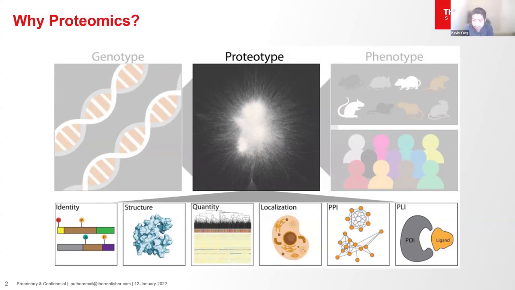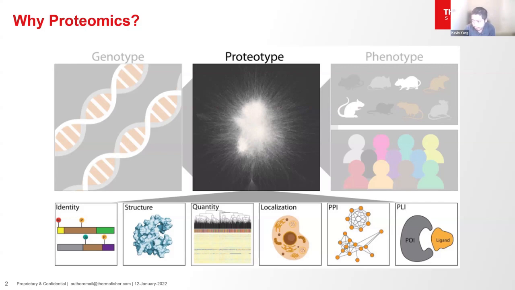We can do so much with mass spec, and there is just so much to cover in a 15 minute talk. So I'll be focusing mostly on the workflow that most people are applying, that is bottom-up proteomics for protein identification and quantitation. But I would like to take this opportunity to invite you to think about what else you can do with mass spec.